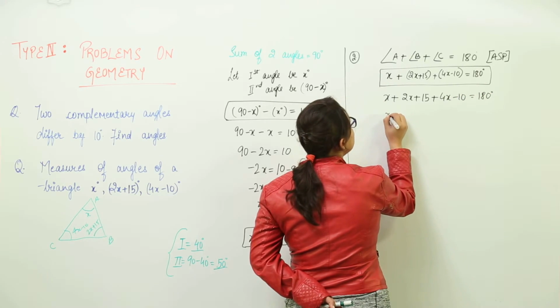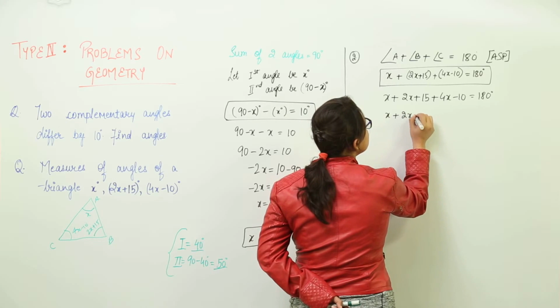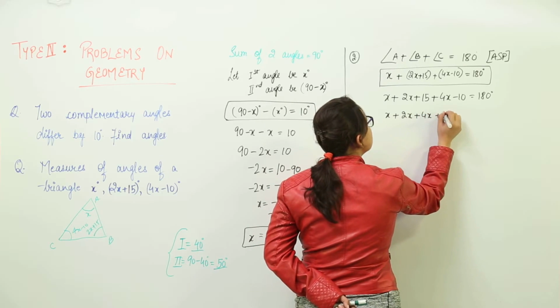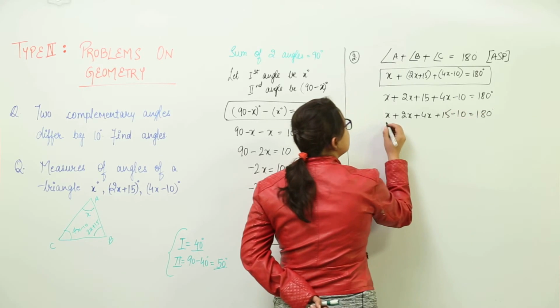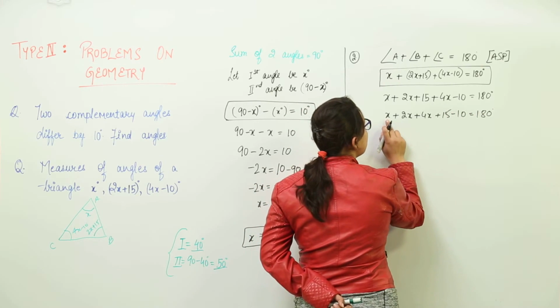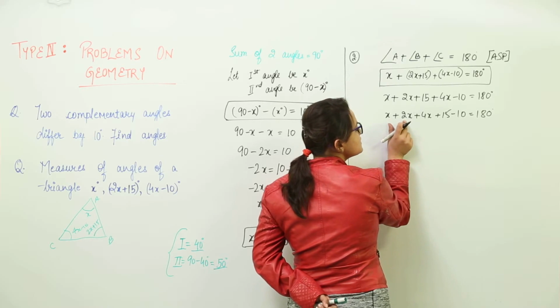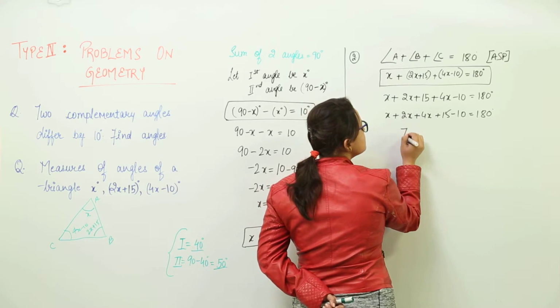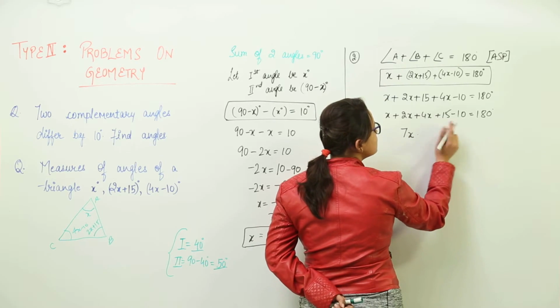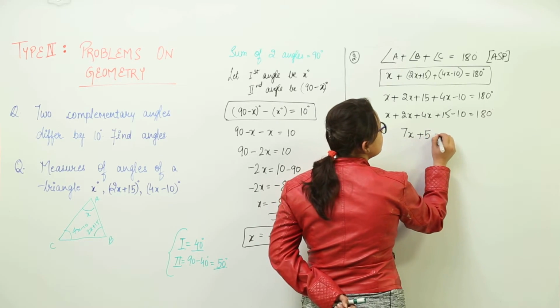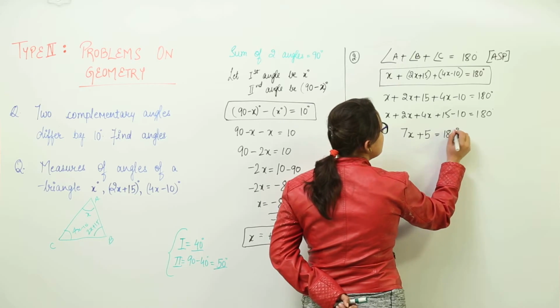Let us start. x plus 2x plus 15 plus 4x minus 10 gives us 180 degrees. Keeping all the like terms together, we get x plus 2x plus 4x plus 15 minus 10 equals 180. This can be simplified. x plus 2x is 3x, 3x plus 4x is 7x. Plus 15 minus 10 gives plus 5, and that equals 180 degrees.